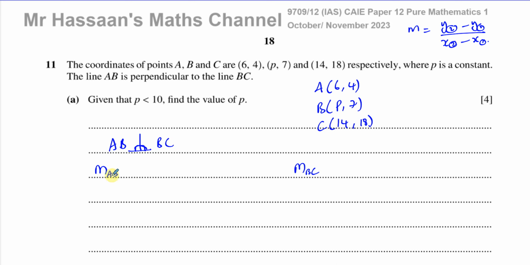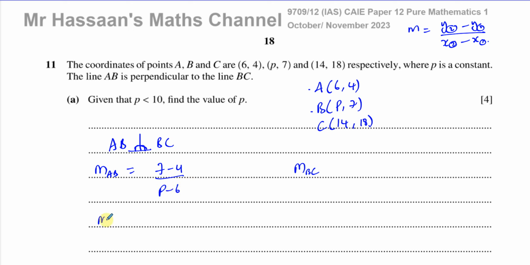So between A and B, we've got to subtract the y coordinates. You can do it either way. I could do 7 minus 4 over P minus 6, or I can do 4 minus 7 over 6 minus P. It doesn't matter which way, as long as you're consistent. I'm going to do 7 minus 4 over P minus 6.